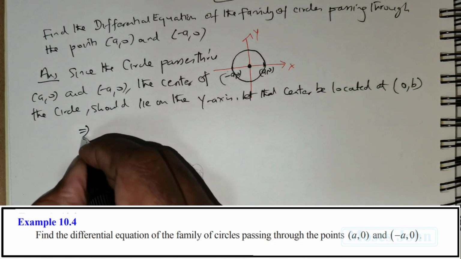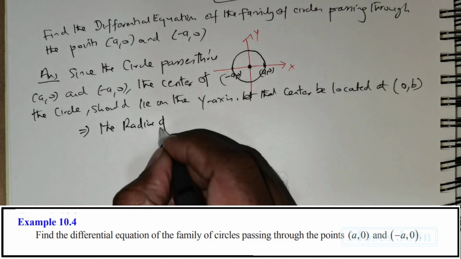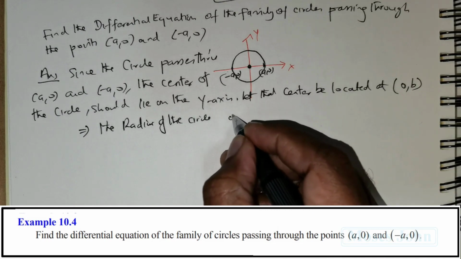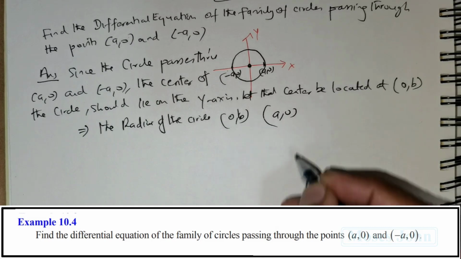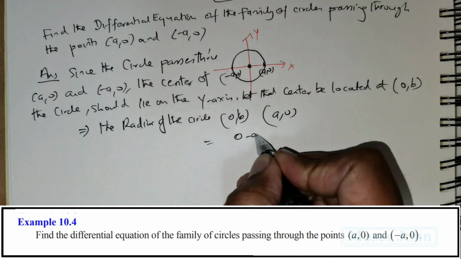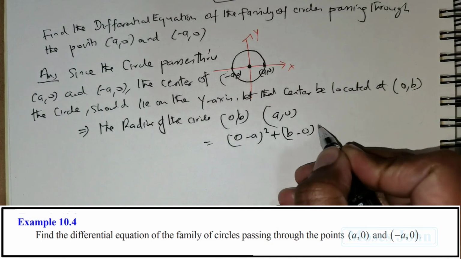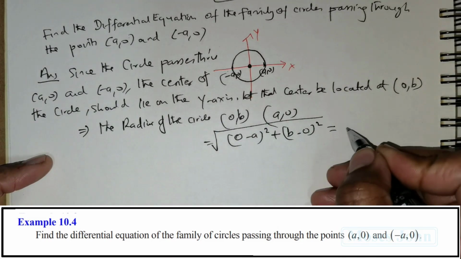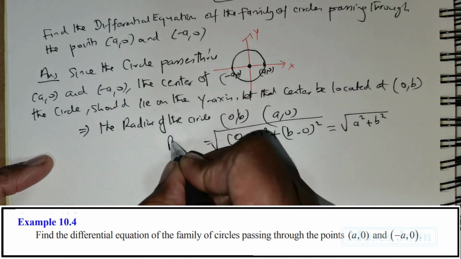Now this would mean the radius of the circle, what would it be? If I have (0, b) as center and (a, 0) as a point on the circle, then the radius is the square root of (0 - a) squared plus (b - 0) squared, right? So this is equal to root of a squared plus b squared. This is going to be the radius.